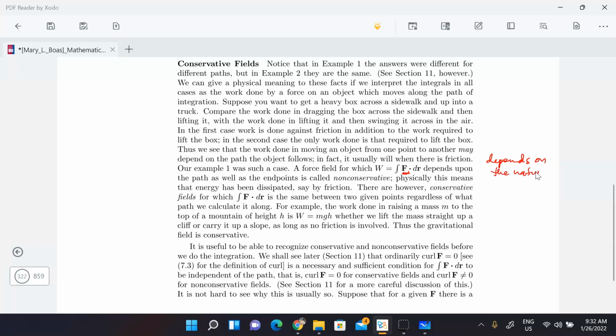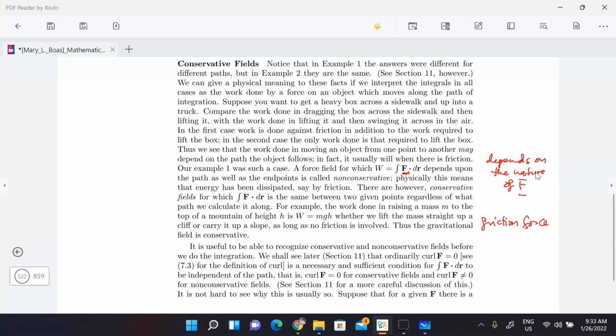And in physics, you probably have understood this, because if you take the work done for, say, a friction force, it depends on how much displacement has actually been done. So the more displacement, the more work is done by the friction.